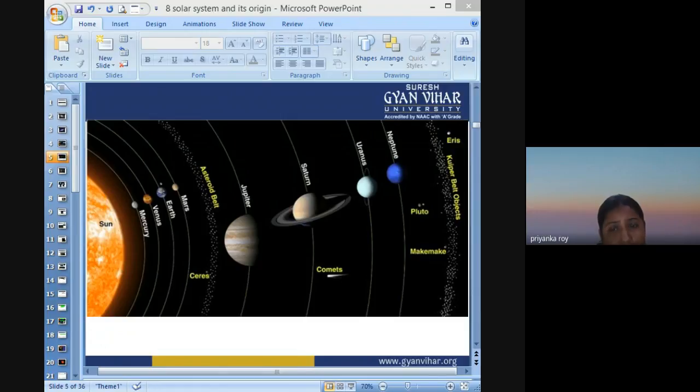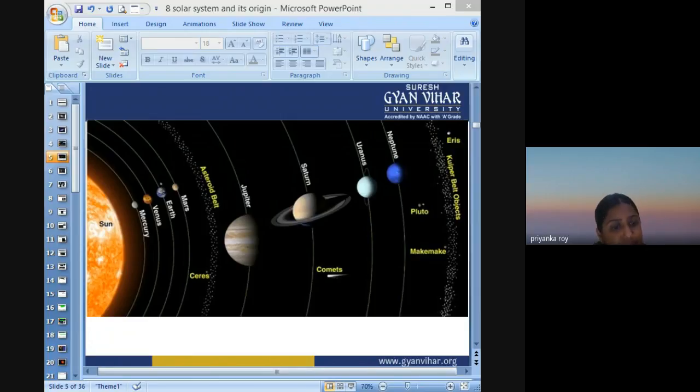Most of these icy bodies are much smaller than the planet Pluto. Beyond the fringes of the Kuiper belt is the Oort cloud, a giant spherical shell that surrounds our solar system.